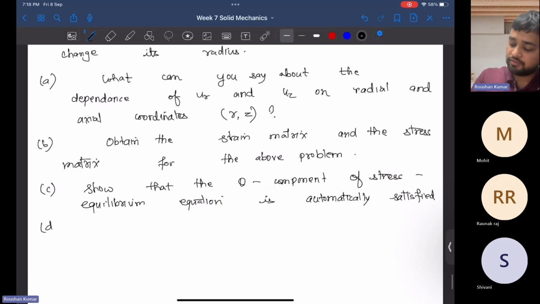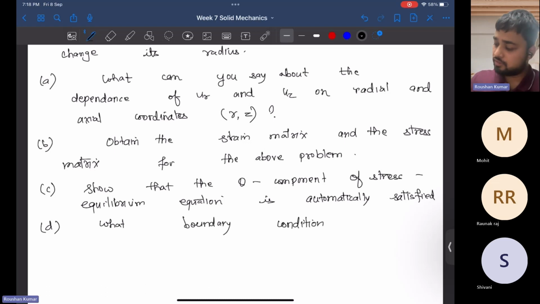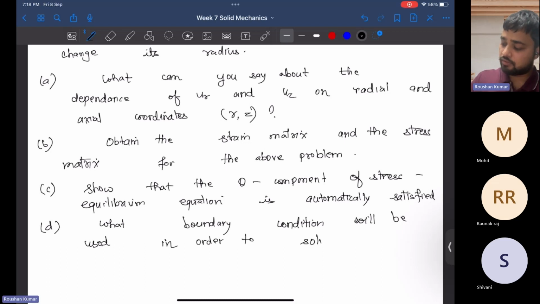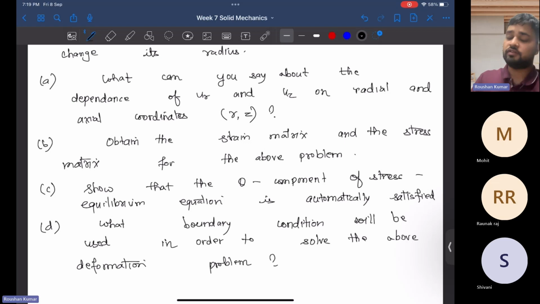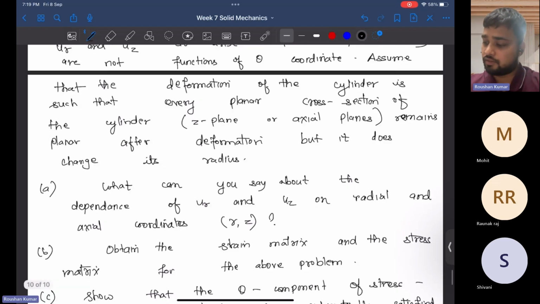And the last part of the question is, what boundary condition will be used in order to solve the above deformation problem. So these are the 4 parts of problem number 4.